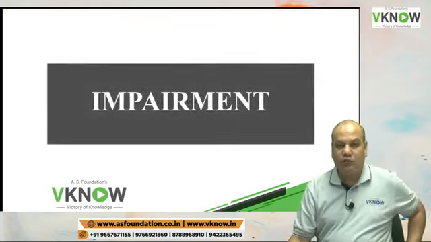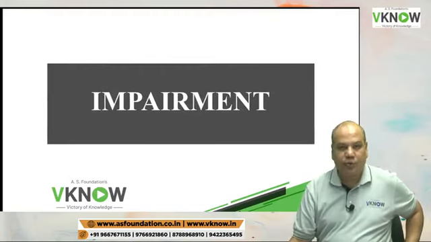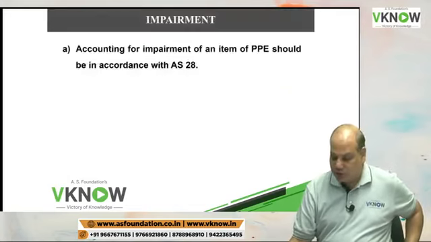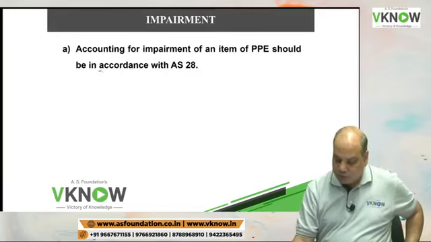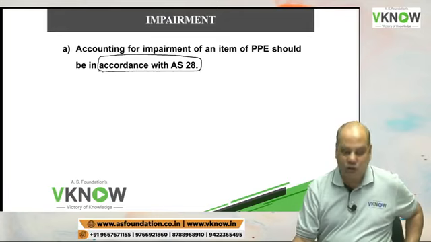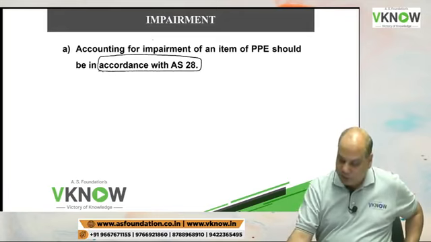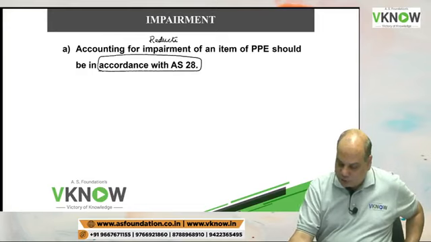So on the revaluation model, we don't have much question. Next point is impairment of an asset. Good news: impairment of an asset is covered by AS 28. Impairment means reduction in value.